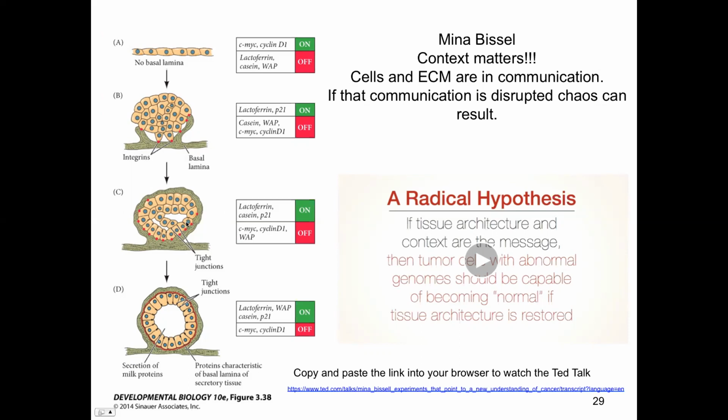But if that gene was turned off and other genes were turned on, those cells would then start to move around and invade. All right, so it's really interesting how this works. And I just want you to get an appreciation of this. Again, I'm not going to put it on the exam, right? But this is just to generate your interest in the importance of how this works, okay?